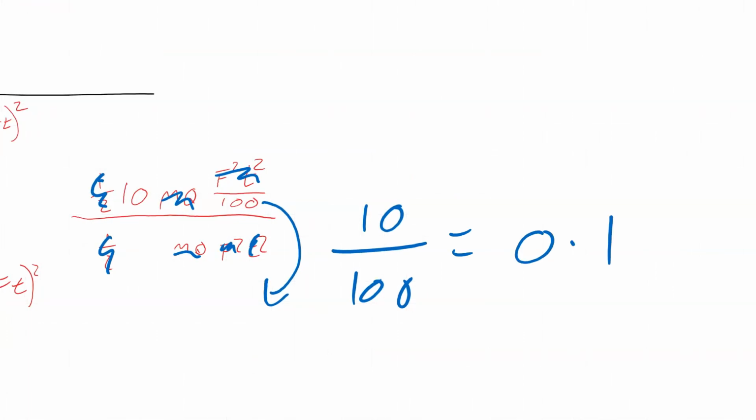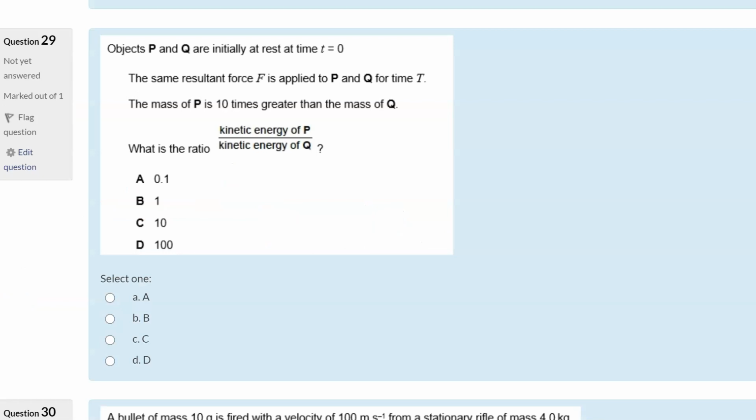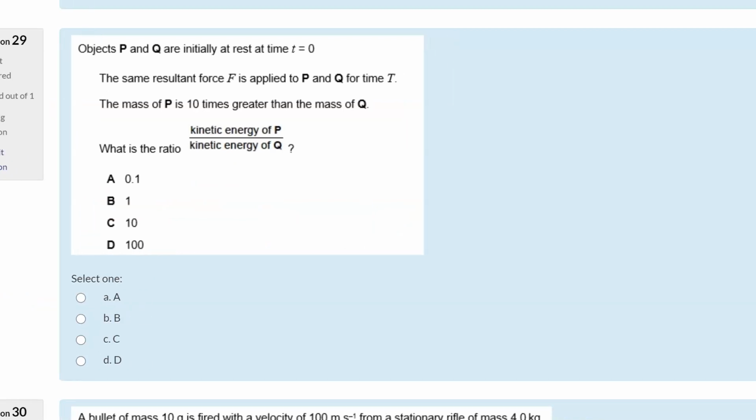And that is the ratio of KE P to KE Q. Hopefully that's one of the answers when we look back here, and we can see it is, and that is the correct answer.